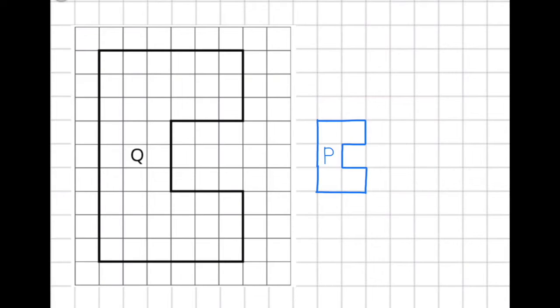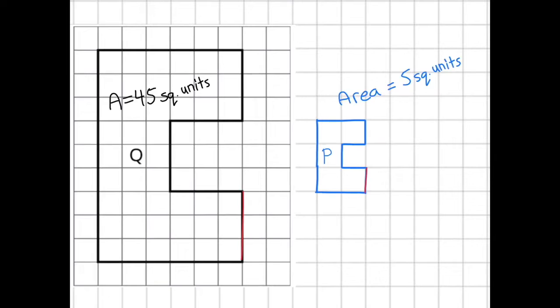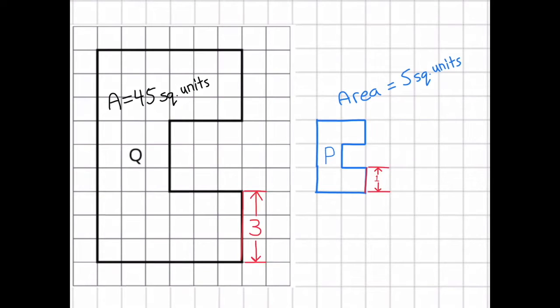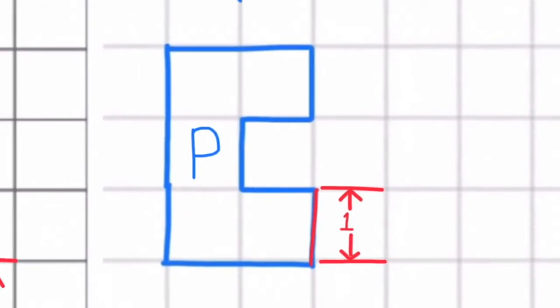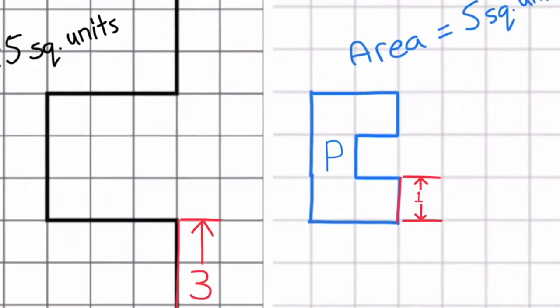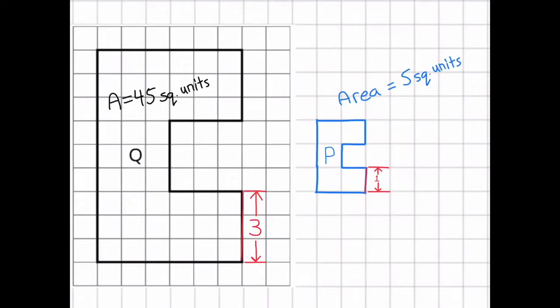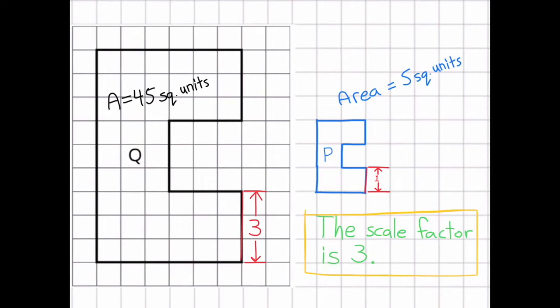On the left side is polygon Q with an area of 45 square units, and on the right side is polygon P with an area of 5 square units. I labeled a length on polygon Q 3 units, and I labeled its corresponding length of 1 unit on polygon P. To go from a length of 1 unit on polygon P to 3 units on polygon Q, that would increase by a scale of 3, so the scale factor is 3.